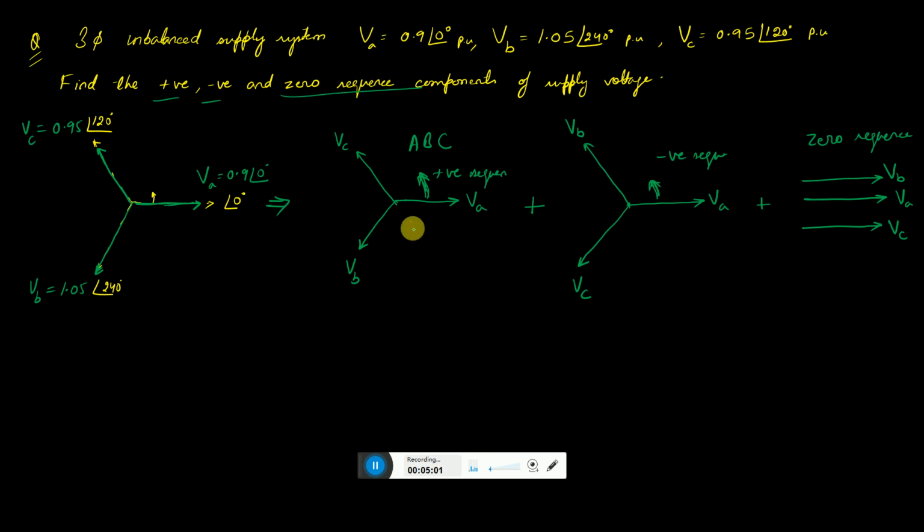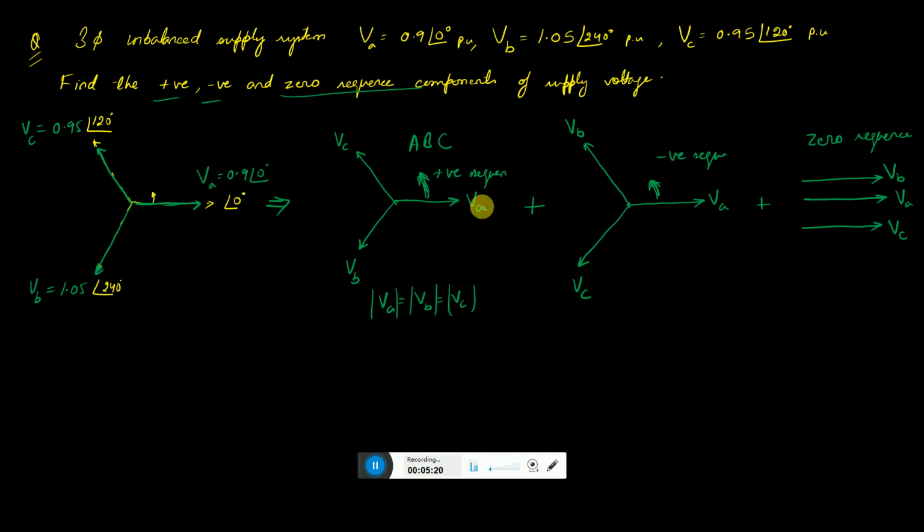What does it mean? In the positive sequence, VA equals VB equals VC, the magnitudes are equal. In the negative sequence also the magnitudes are equal, and in the zero sequence the magnitudes are equal.